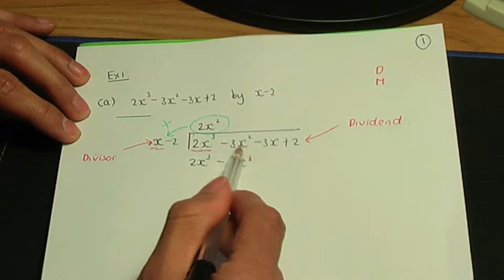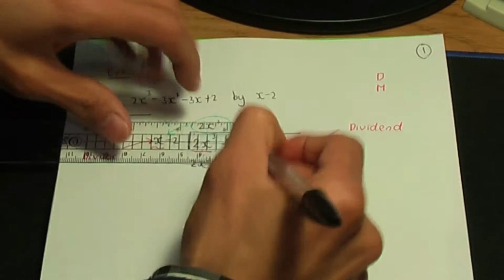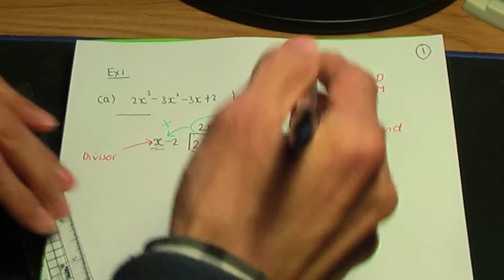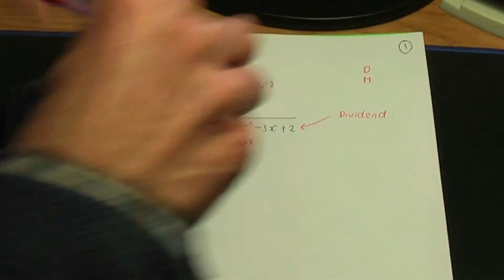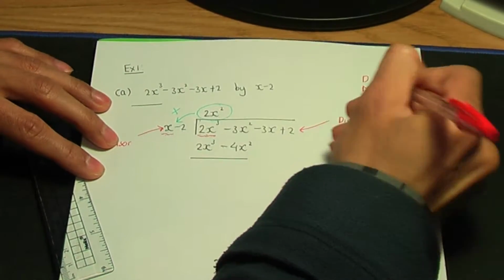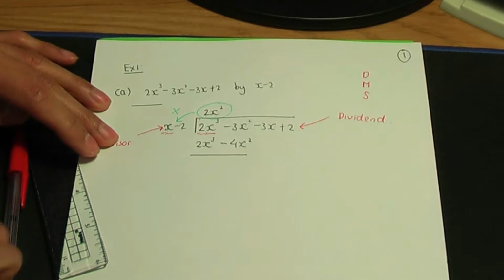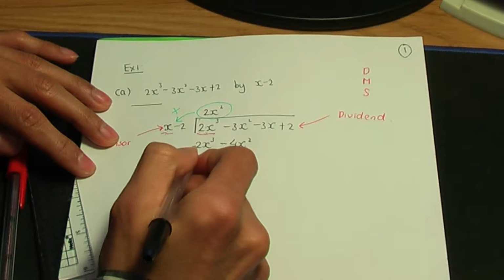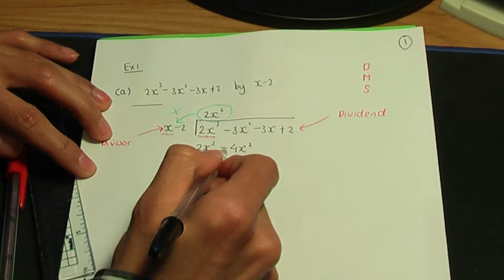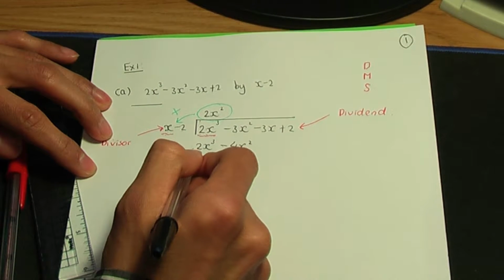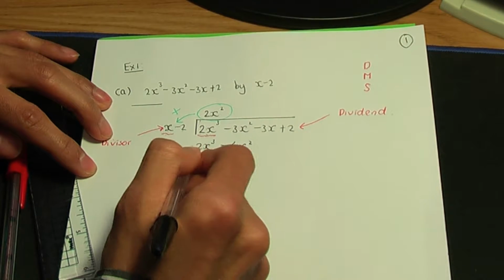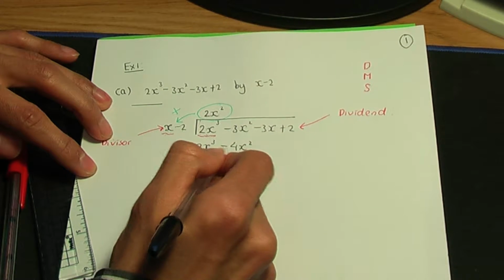of their powers. Once you multiply, then S means subtract. Subtract means we only change the signs of the terms below.